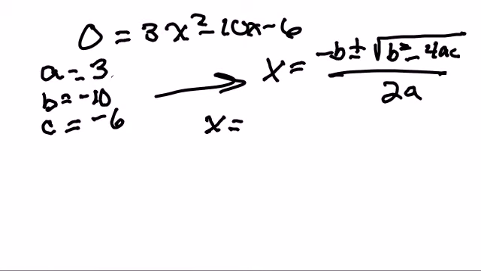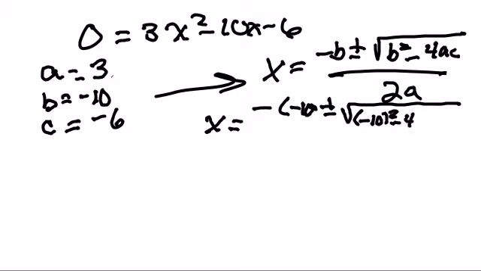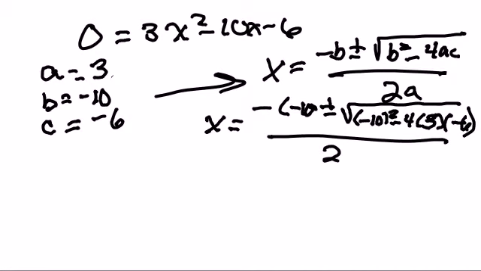I have x equals negative 10 plus or minus square root of negative 10 squared minus 4 times a times c all over 2 times a.